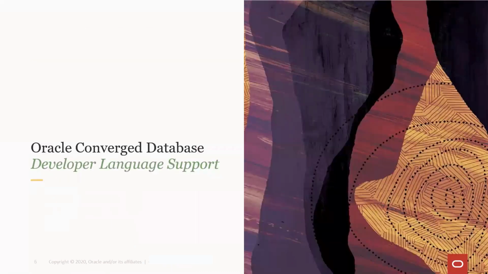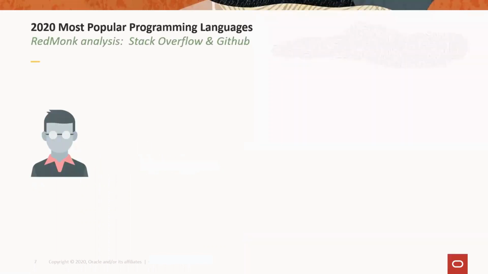So let's take a look at how Oracle and the Oracle database, our Converged Database, supports these and many others, beginning with languages. RedMonk is a developer-focused industry analyst firm.